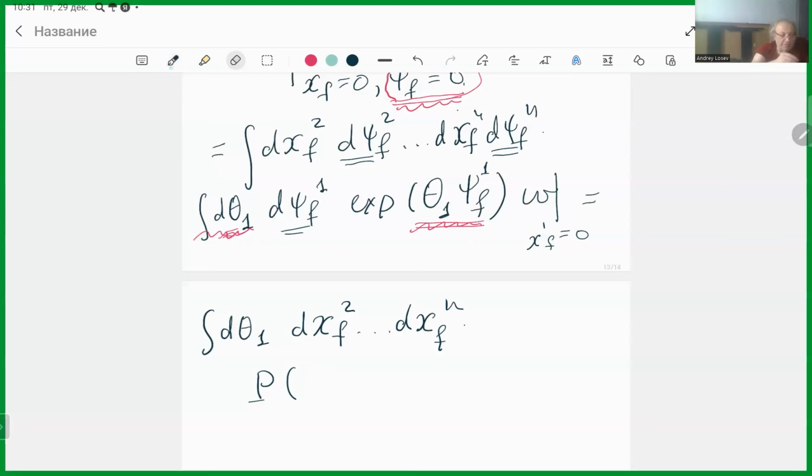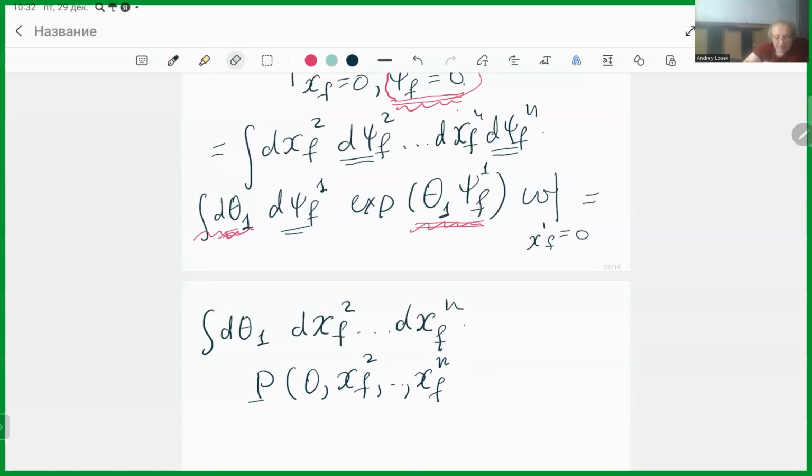So here I have x fiber, theta 1. Okay, I will write it properly. x fiber 2, x fiber n.